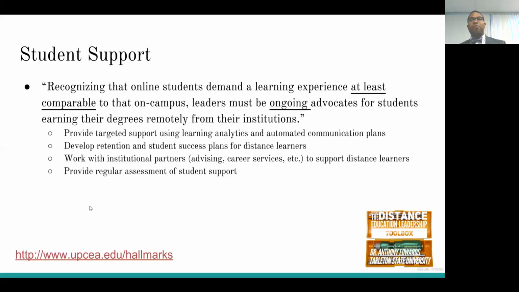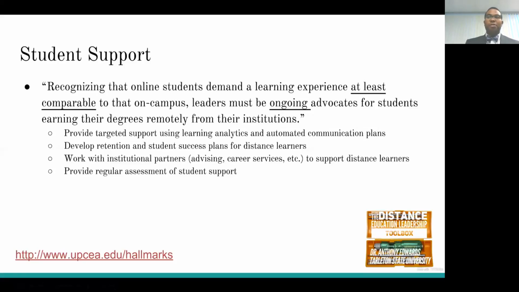I think we're moving to an era where we're going to have to provide that level of support. It's going to be different, obviously, for students who are off campus, but we're going to have to provide some level of support and be able to track and show what we are doing. We might be doing things here and there, but we've got to figure out ways that we can better track and show why and what we are doing.